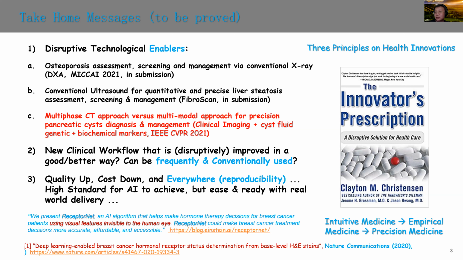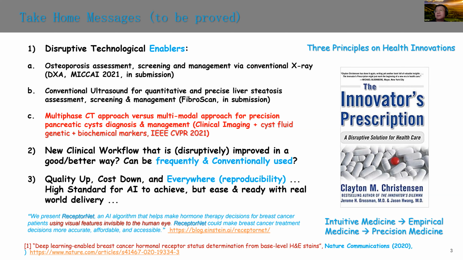for pathology images, and it is very easy to reproduce, right? So for certain breast cancer patients, they need to find out whether there is a receptor or not. If they have a receptor or not, the treatment pathway will be different, right?